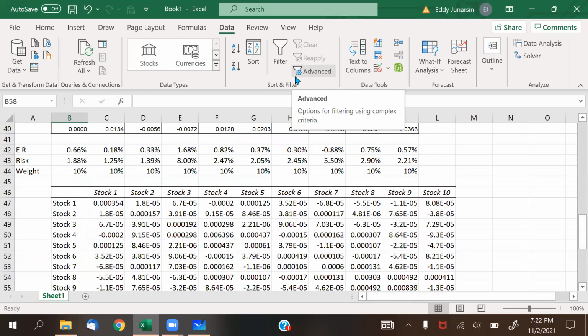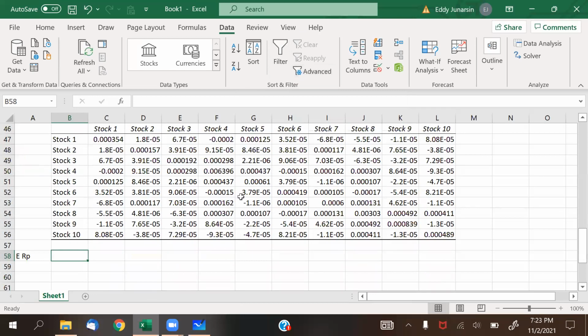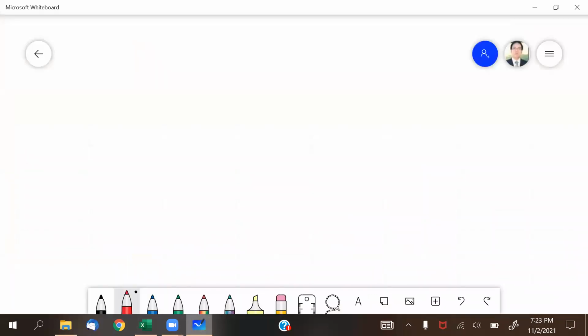If you have only 2 or 3 securities, you could write it on Excel using the manual formula. It will be quite easy. So I will write equal, the cell, right? The weight one squared, the variance of the first, and so on.